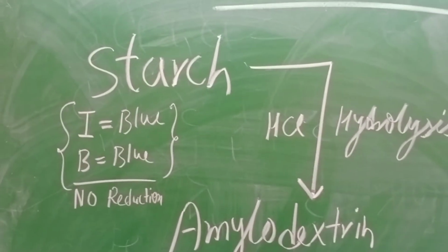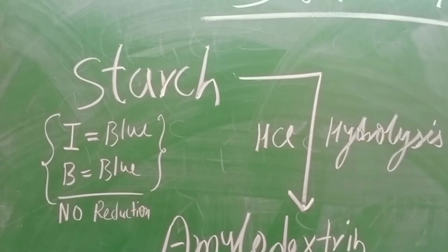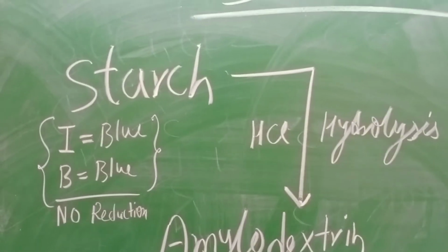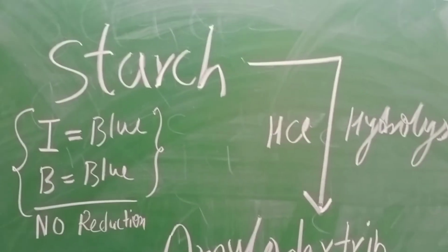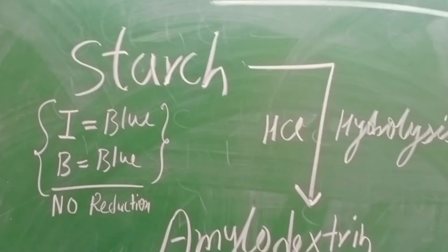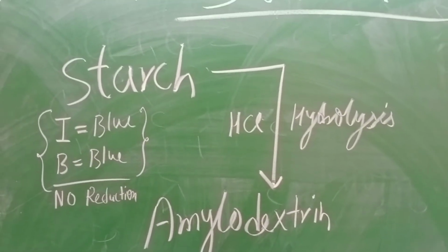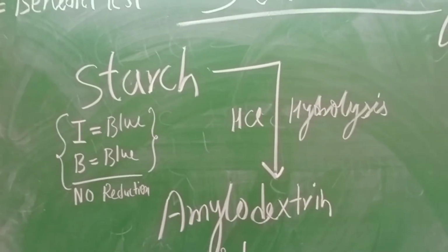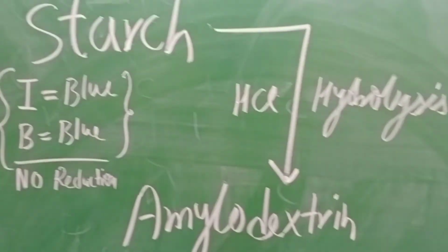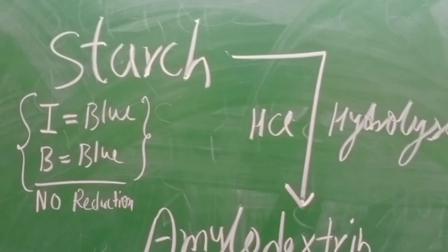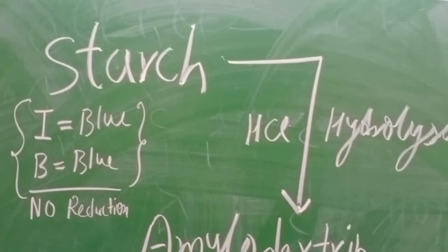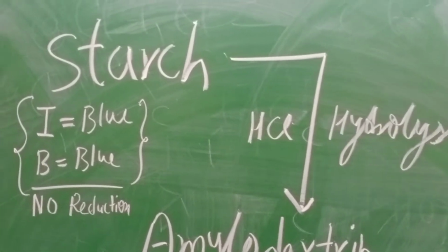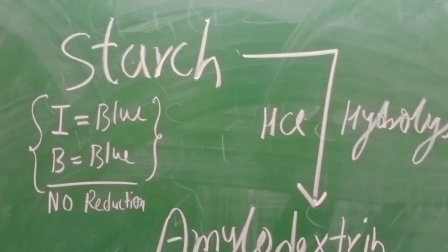And this is the reason why we say the starch is a polysaccharide, or a polymeric molecule. So in starch, the monomeric units are the monosaccharides, and once the starch is hydrolyzed, we get a large number of monosaccharide units, which are bonded in a specific manner in order to give the starch.